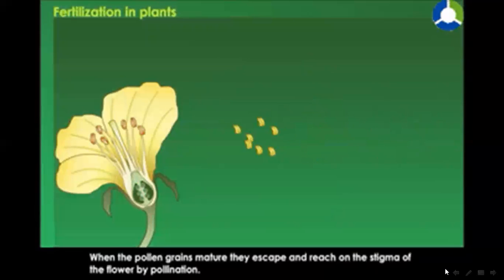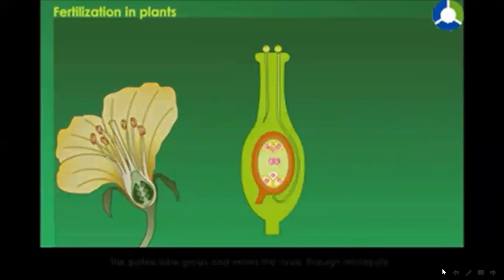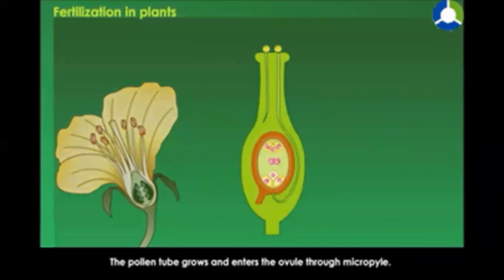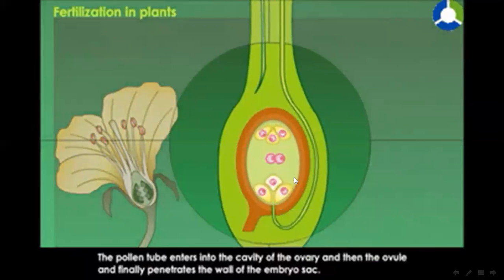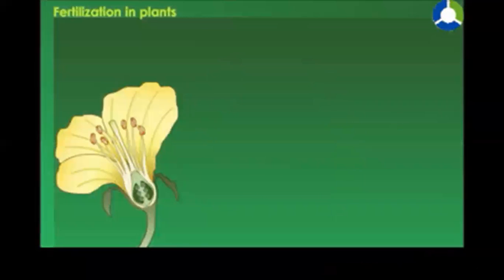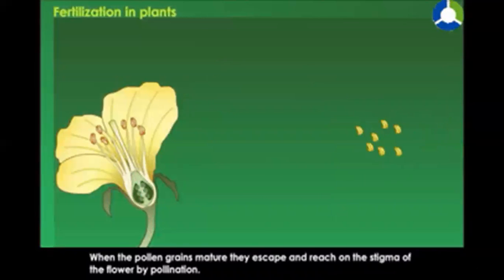When the pollen grain is mature, they escape and reach the stigma of the flower by pollination. After that the pollen tube grows and enters the ovule through the micropyle. The pollen tube enters the cavity of the ovary and then the ovule, and they join.